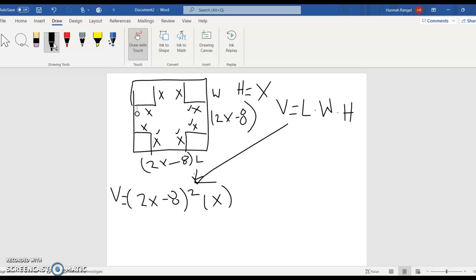This is the volume. So once we solve that, we just FOIL. I used the FOIL method and I got 4x cubed minus 32x squared plus 64x.